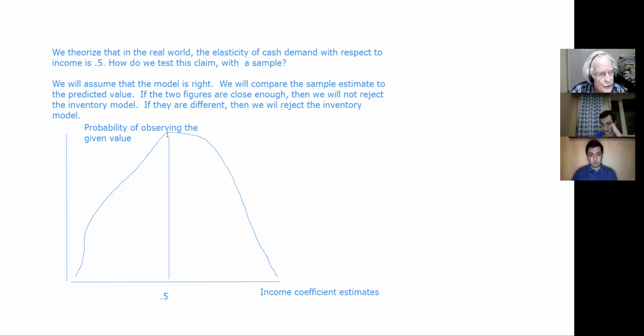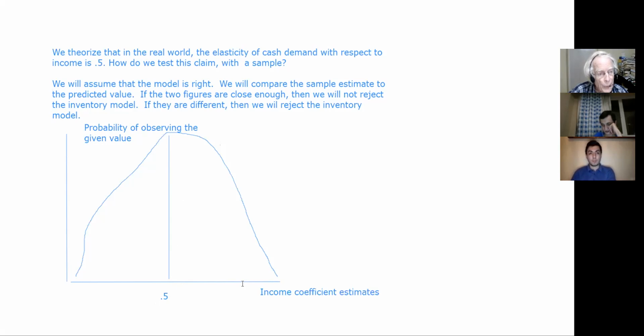So, for example, if the height here is 40%, then we may anticipate an estimate of 0.5 40% of the time, in 40% of the samples. All right, so if we are close to that coefficient, we will accept the inventory model.